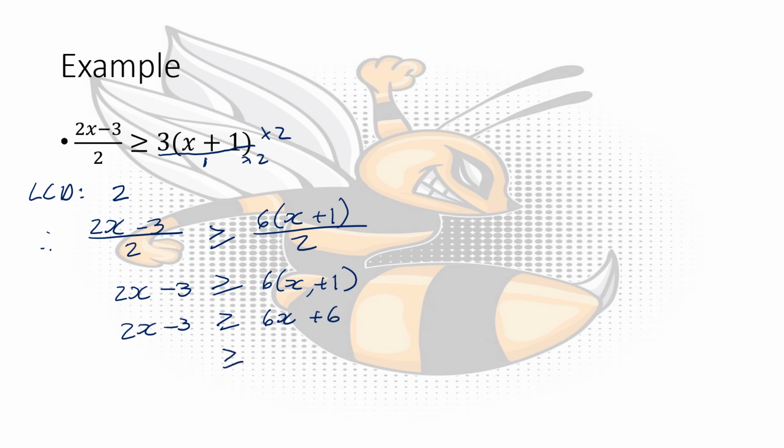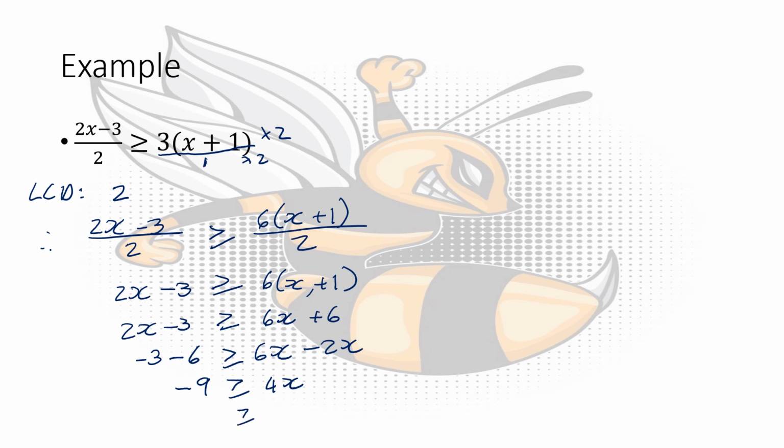And then from there, we can throw everything with the x over to one side and everything without the x to the other side. In this case, I'm going to say minus 3. I'm going to take the 6, throw it over, it becomes a negative 6. And then I'm going to keep the 6x on this side and throw the minus 2x over. Continue simplifying. This gives me 4x minus 3 minus 6 gives me 9 minus 9.